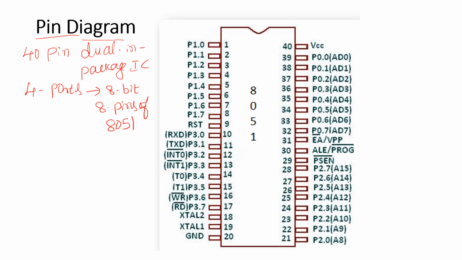The pins numbered from 32 to 39 are considered to be port 0, and pins numbered from 21 to 28 constitute port 2, and pins numbered from 1 to 8 constitute port 1, and pins numbered from 10 to 17 are considered to be port 3.